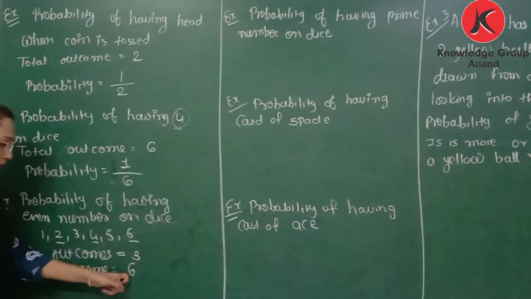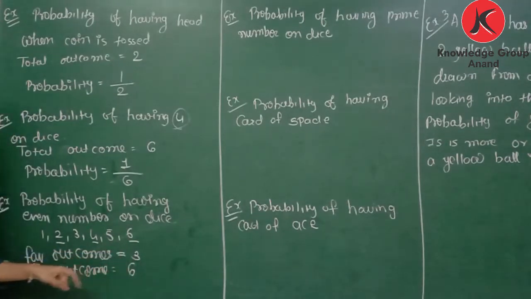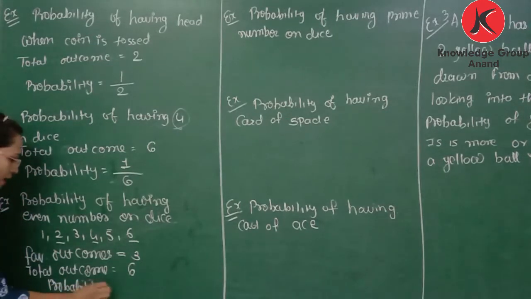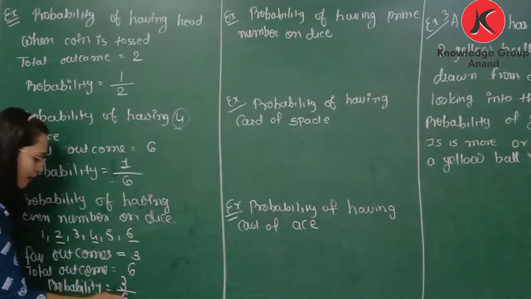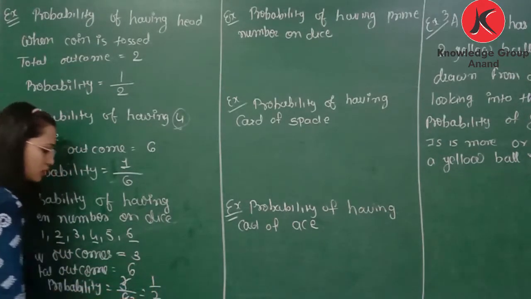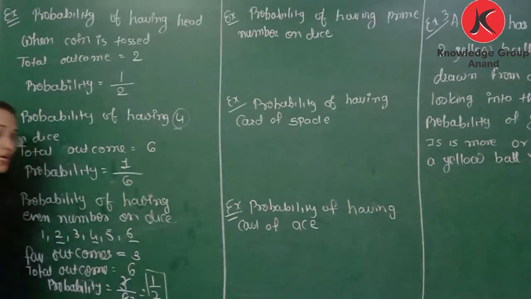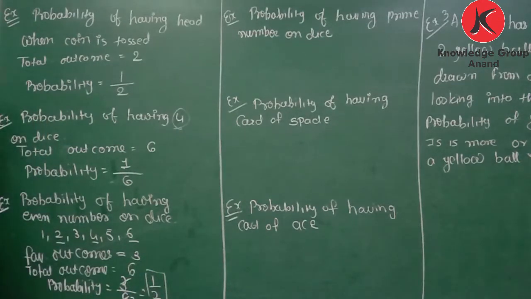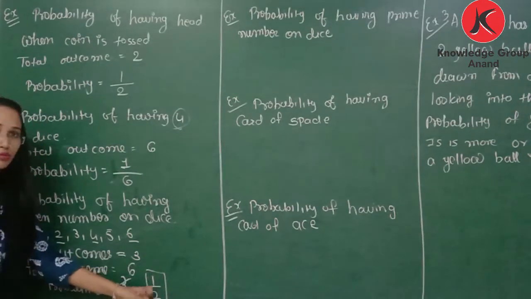So from 6 sides, 3 sides contain even numbers. So probability can be written as favorable outcome divided by total outcome. You can cut the common factor, 3 twos are 6, so it is 1 by 2. So probability of having an even number on a dice is 1 by 2.